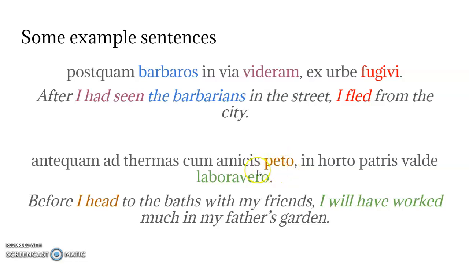This is happening now. Before I head to the baths with my friends, ad termas cum amicis, I will have worked. Laboravero. That is the future perfect tense. It's like I will have done this before I do this. I will have worked much in my father's garden. In horto patris, in my father's garden, valde. I will have worked much. All right.